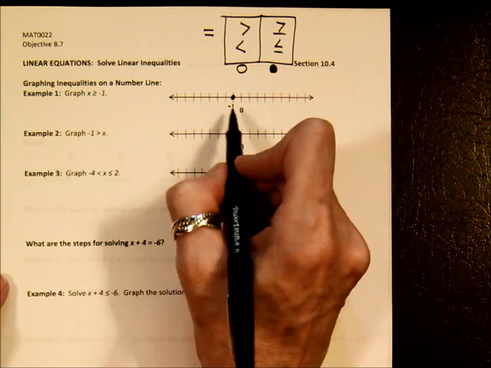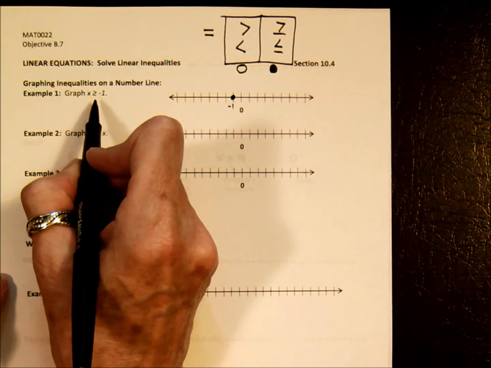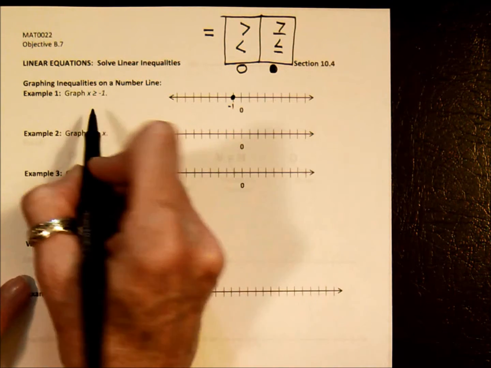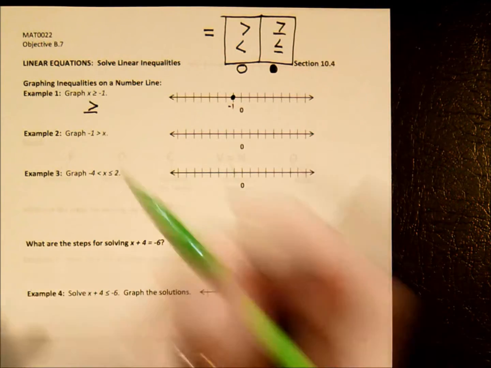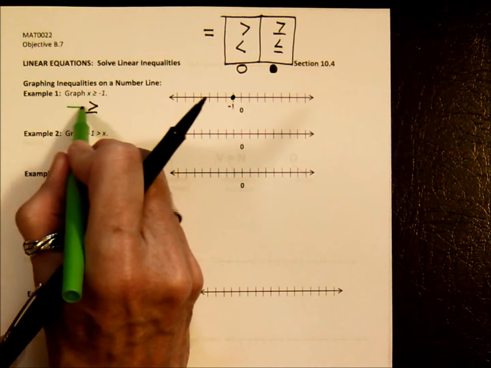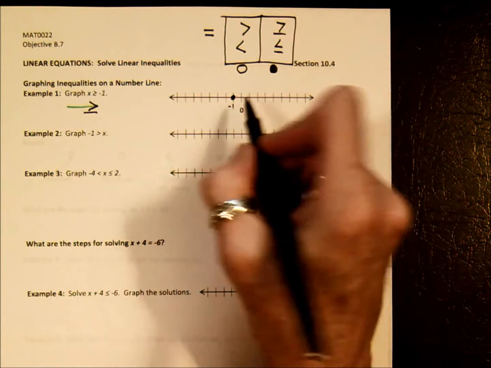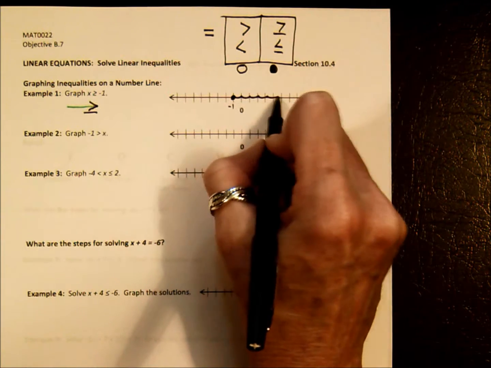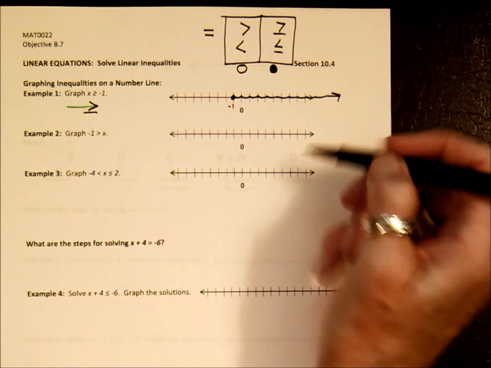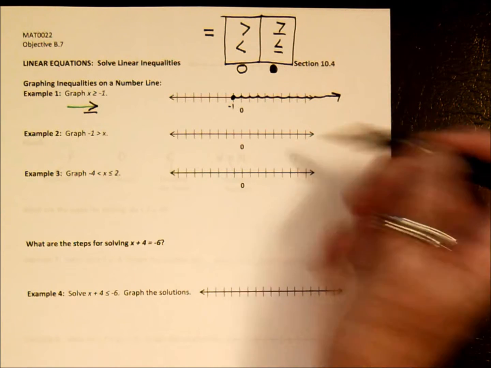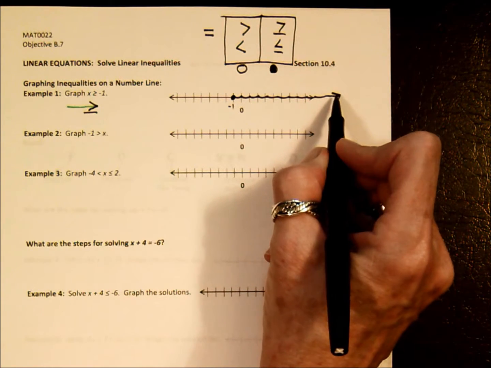Now, rather than it being just -1, it says it's everything greater than or equal to -1. All you have to do is think of that sign, I'm going to use a different color here, as the end of an arrow, and that arrow is pointing to the right. So we want to shade everything to the right, and I only made my line wiggly so you could see it on top of that original number line. So we're talking about -1 and everything that is greater, and that's how you show the answer.